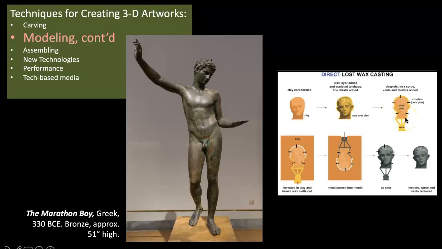A cast would then be constructed over the original clay core and the wax coating, forming a kind of cast, flipping it upside down, and with the appropriate channels already created by the artist, the molten metal would then be poured into that space. And the result is, when you crack it open, you would have a very accurate depiction of that sculpture you're going for. And it would not be solid weight all the way through.